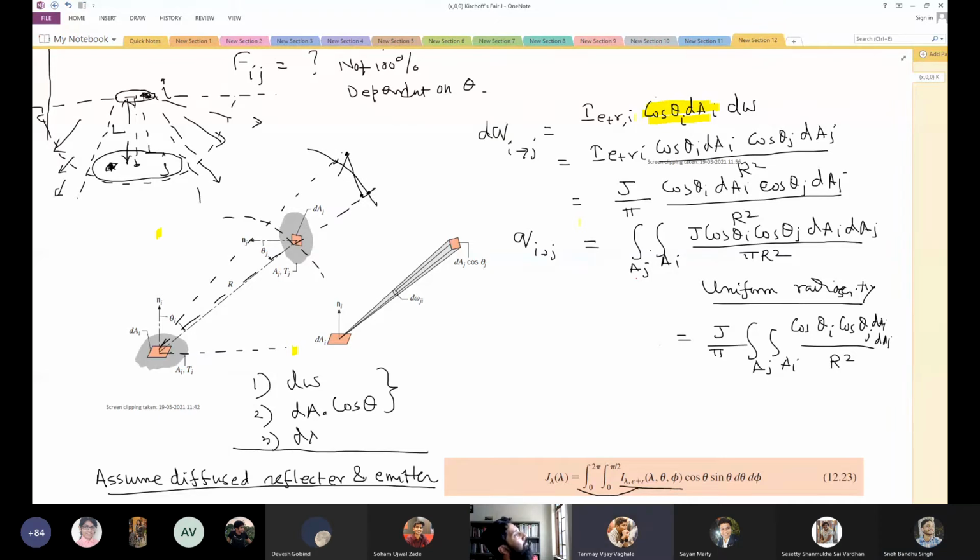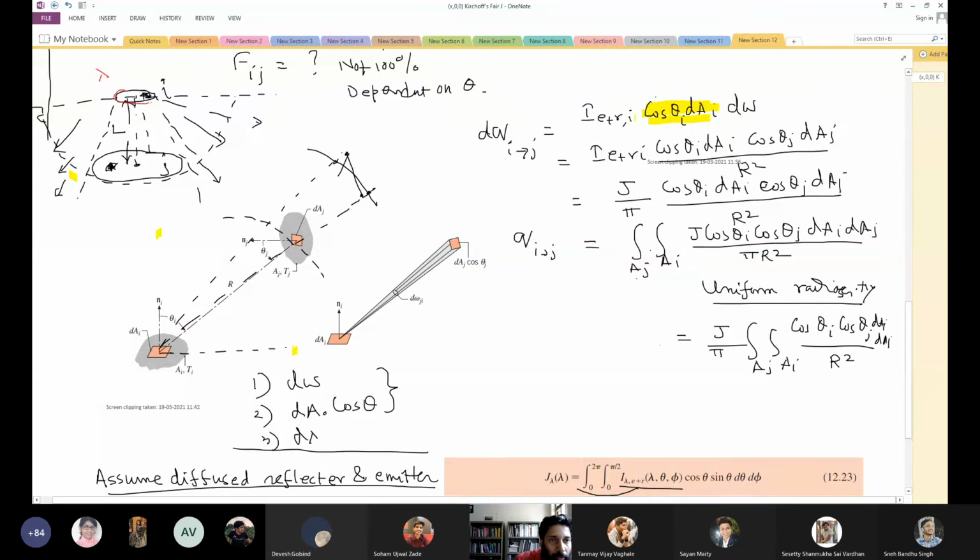In this expression, capital J is total radiosity, or is it J lambda? It's total radiosity. Actually, it doesn't matter, because if you think of this as a geometric quantity, or even think of the top example, suppose this surface is radiating at a given lambda.